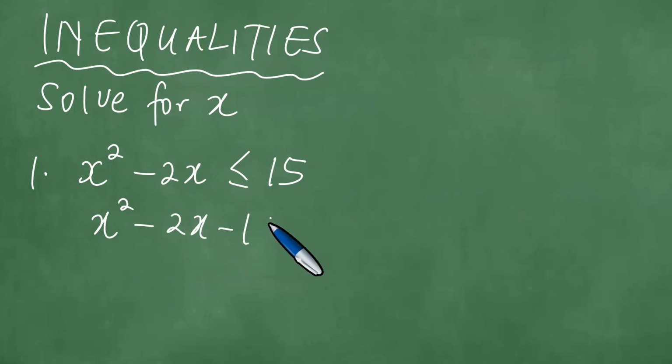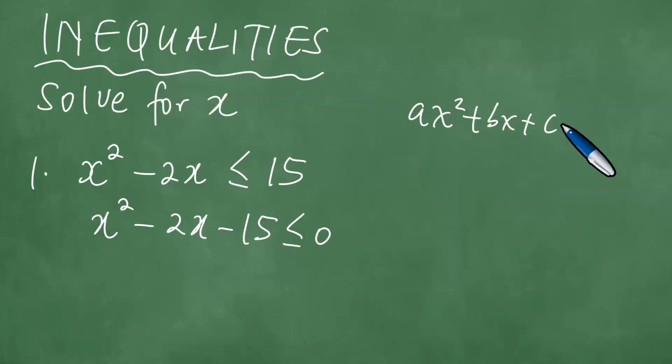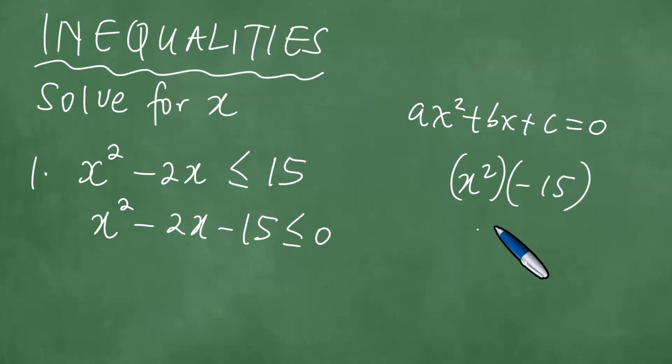Yes, so we need to write this in standard form, and the standard form means that it is the form ax squared plus bx plus c equals 0. Okay, then when we get to this point, we can factorize this with ease. If it doesn't easily factorize, we use the quadratic formula.